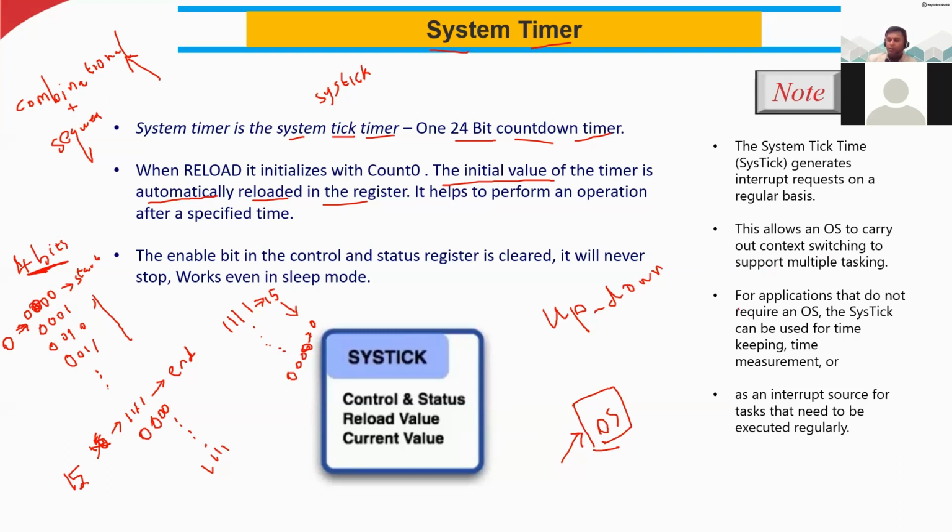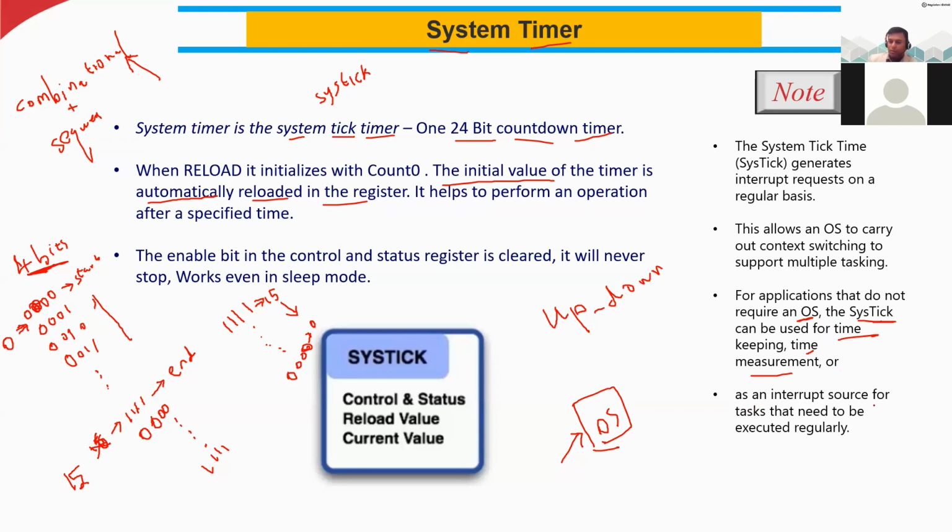But if you are going to use the microcontroller without an operating system, then this SysTick timer can be used for timekeeping, time measurement, and so on. That is like the microwave oven, refrigerator, or the treadmill you are using in the training center. All these machines do not need an operating system. The microcontroller is a standalone unit. Because of that, the SysTick timer is used just for timekeeping and time measurement.